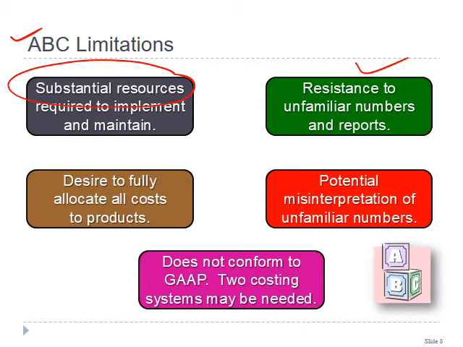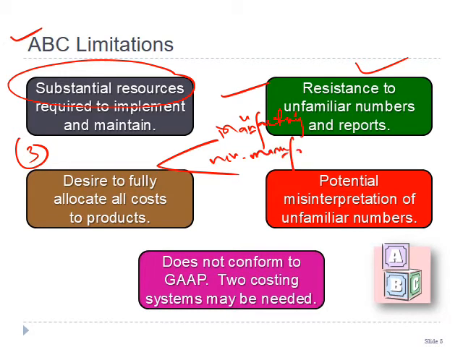The third one is the desire to fully allocate all cost to the product. The traditional costing segregates between manufacturing and non-manufacturing, while ABC includes some parts of manufacturing and some parts of non-manufacturing in the product cost.